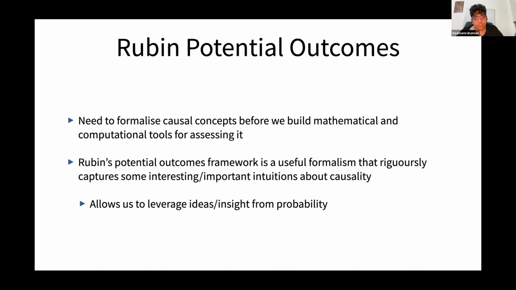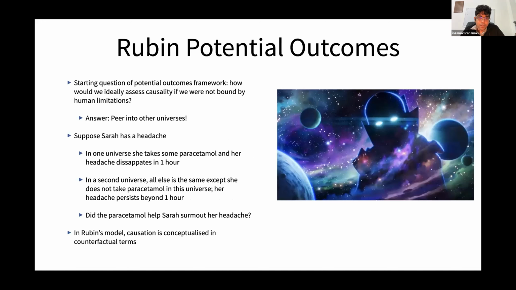The Rubin potential outcomes framework is a nice formalism because it helps us rigorously capture some intuitions behind causality, and it also allows us to leverage ideas from statistics, ML and probability. The interesting thing behind the Rubin causal model is how the intuition builds up.